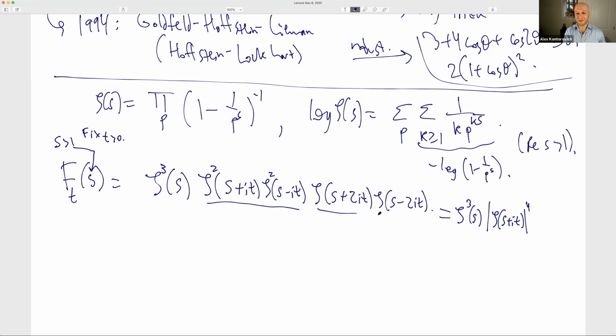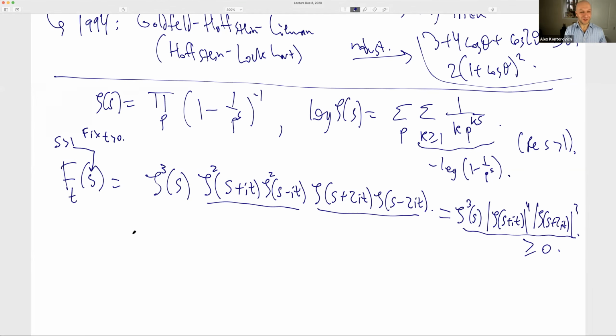And how about this? Yeah, this is norm zeta of s plus 2it squared. So whatever this is, remember the real part of s is bigger than 1. Zeta is positive, so this is a non-negative thing. But I want it to be more than non-negative. I actually want to show that this is always at least 1.